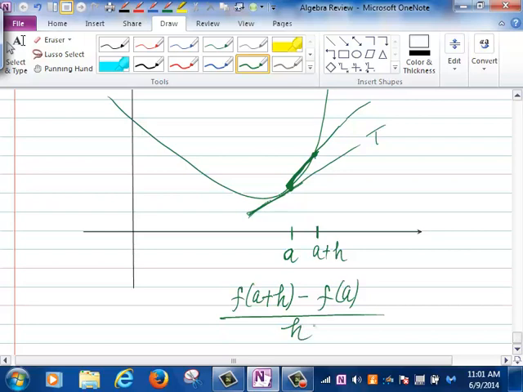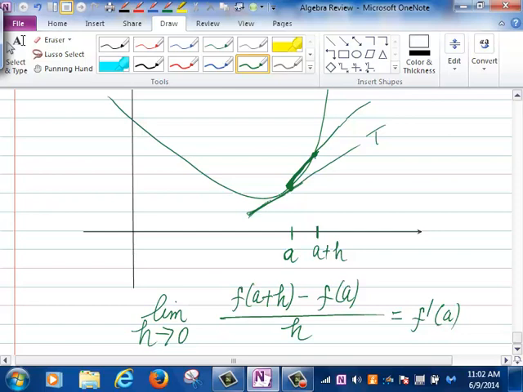H, right? If you take the limit as h goes to 0, you get the slope of the tangent. Am I making sense? But what is that? This is exactly the derivative of f at A, right?